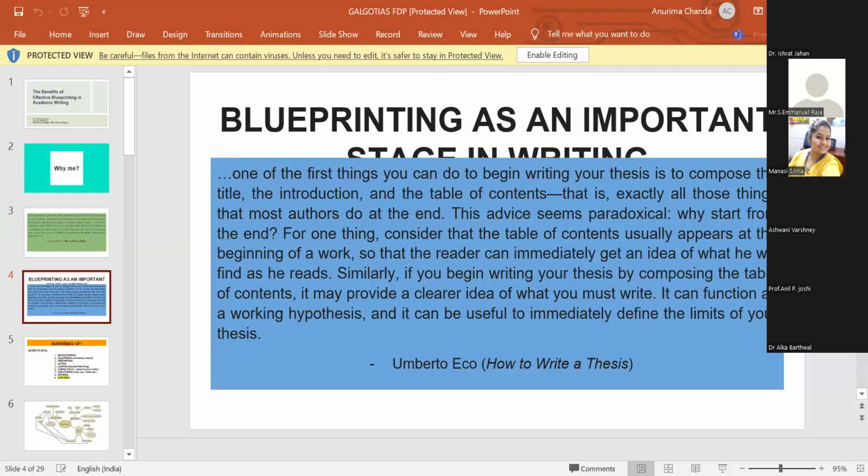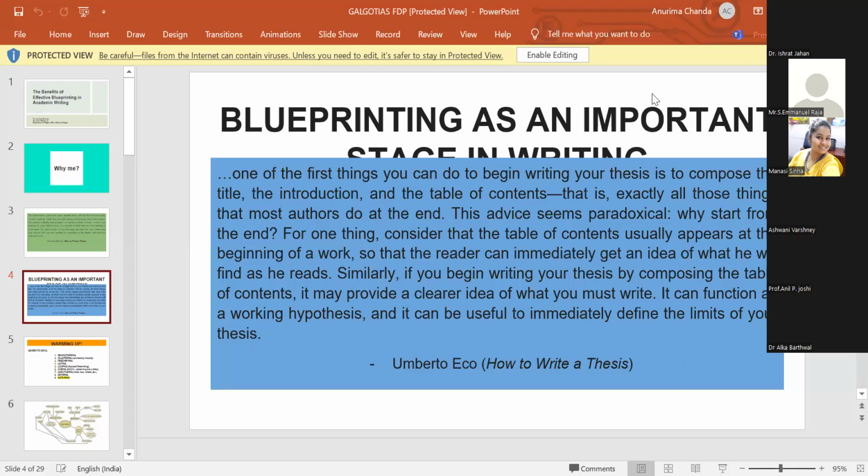because, and he reasons over here that the table of contents is something that you see for the very first time when you're approaching somebody's work, or even when you are reading your own work. Now, it gives you a skeletal picture of what exactly you're going to talk about.